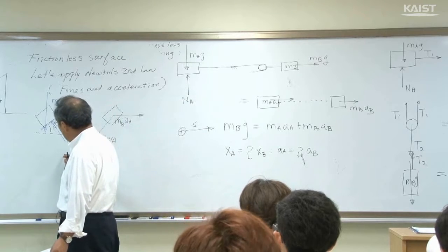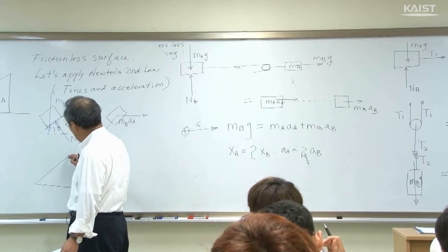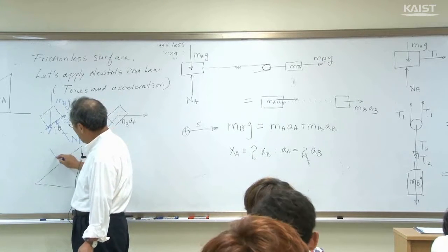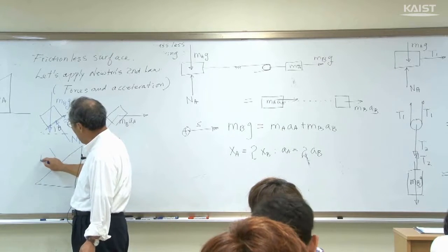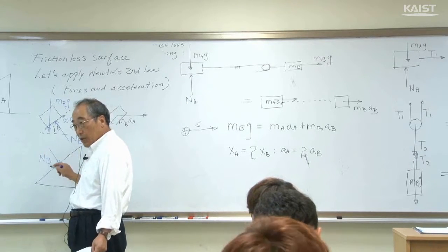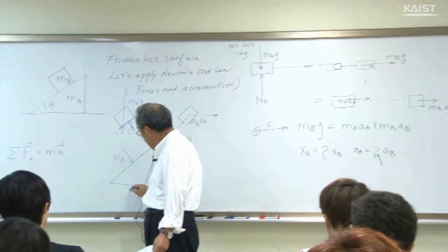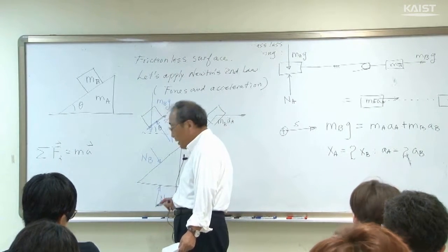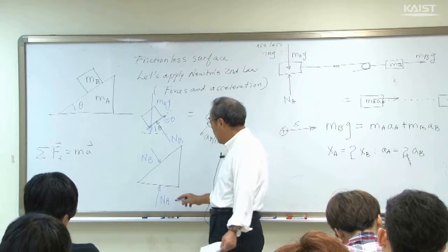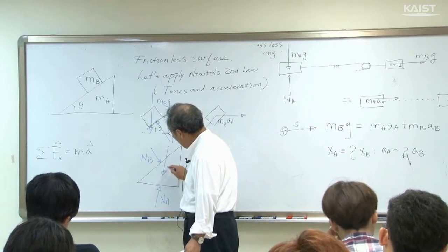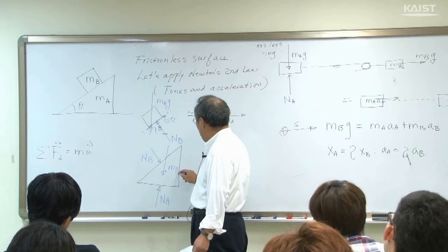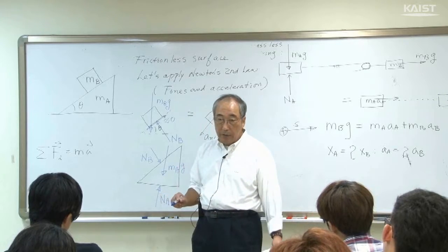And then let's look at the wedge. What kind of forces can you see? According to the third law, I can draw the reaction force NB. Of course, frictionless. And also I can see there is a normal force acting on the surface of the wedge, NA. And again, assuming small friction. And also I can see some weight, mass A times G, that is the weight of the wedge.